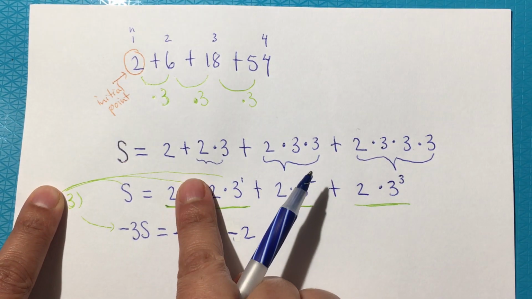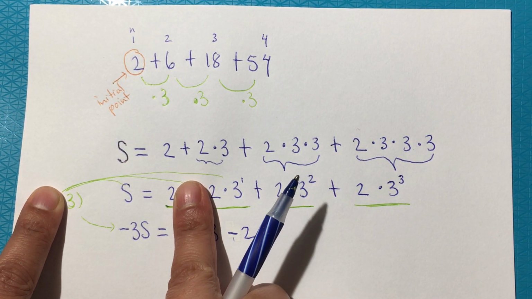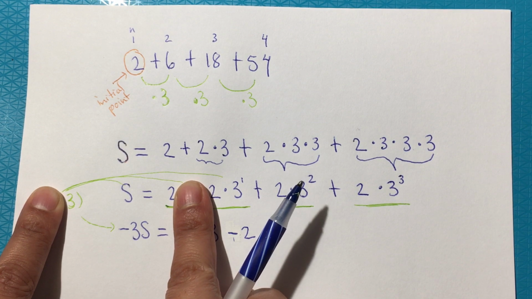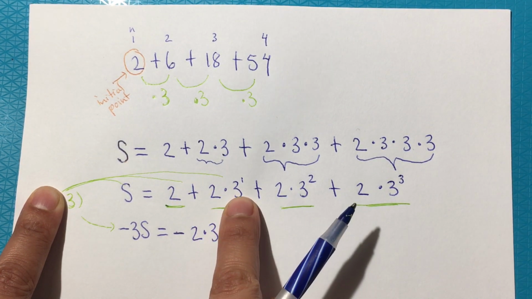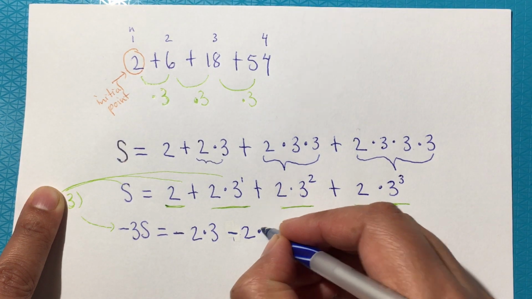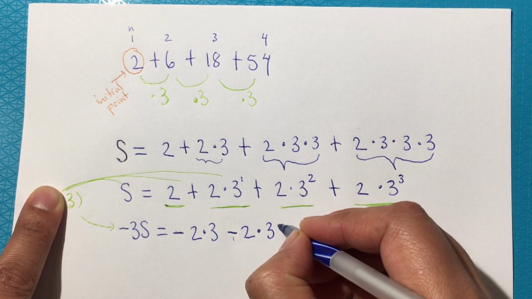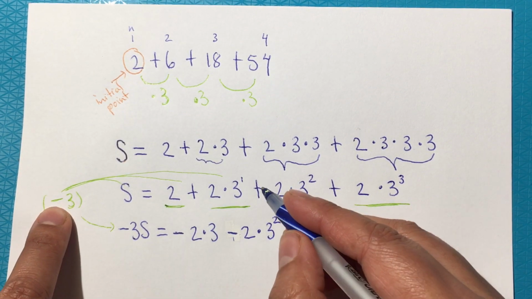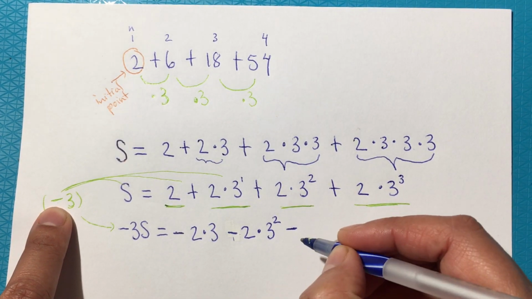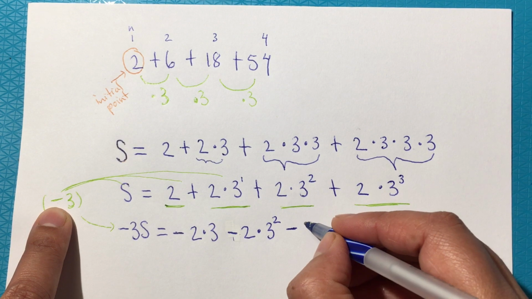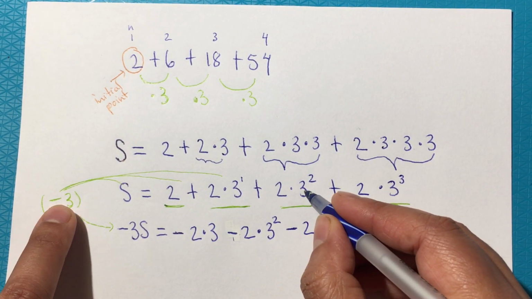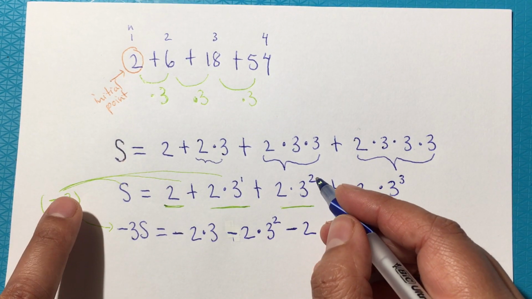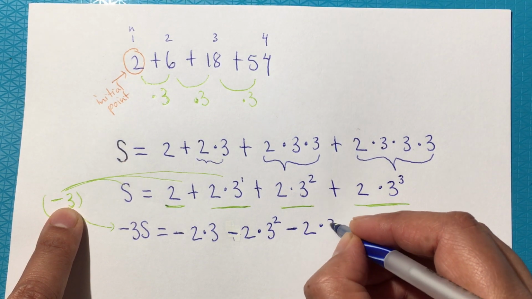And now that I multiply the signs and I brought down the 2, now I can see that there is a 3 in here and a 3 in here. It's just 3 to the second power. Again, negative times positive is negative. And then I bring the 2, and because they're the same base, it's just 3 squared times 3 is 3 cubed.